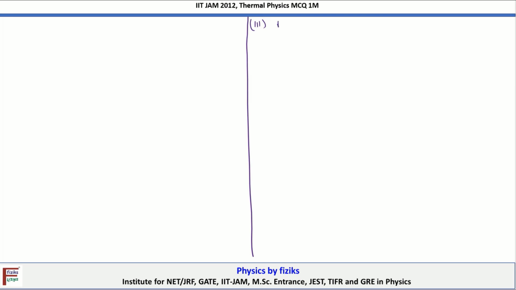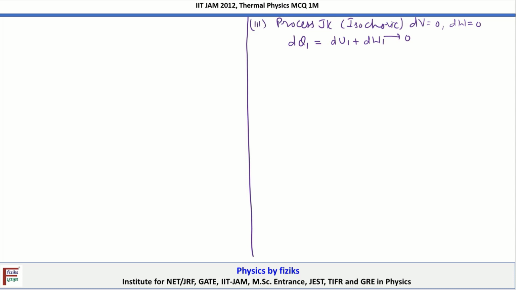Process JK is isochoric, so dV is equal to 0, which implies dW is equal to 0. By applying the first law, the corresponding change in heat, dQ1, is equal to dU1 plus dW1, which will be 0.